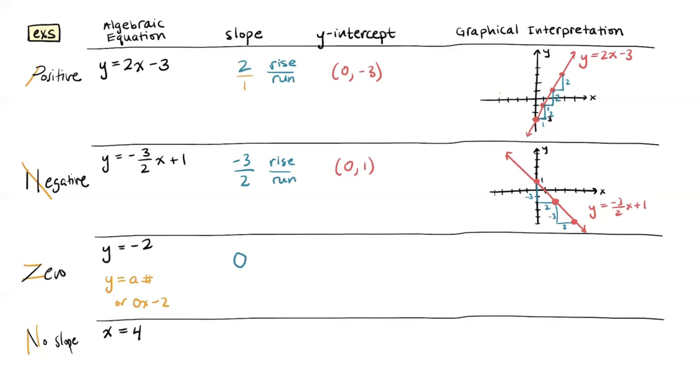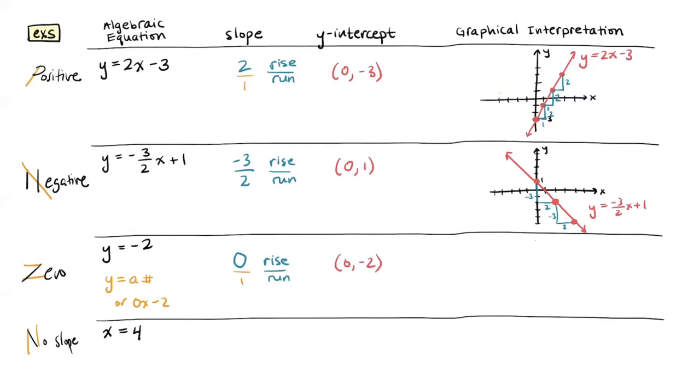It's saying that the numerical value of the slope is equal to 0. So this is 0 rise over a run of 1, since you can always put any number over 1. The y-intercept is just b here, so the y-intercept will be (0, -2).